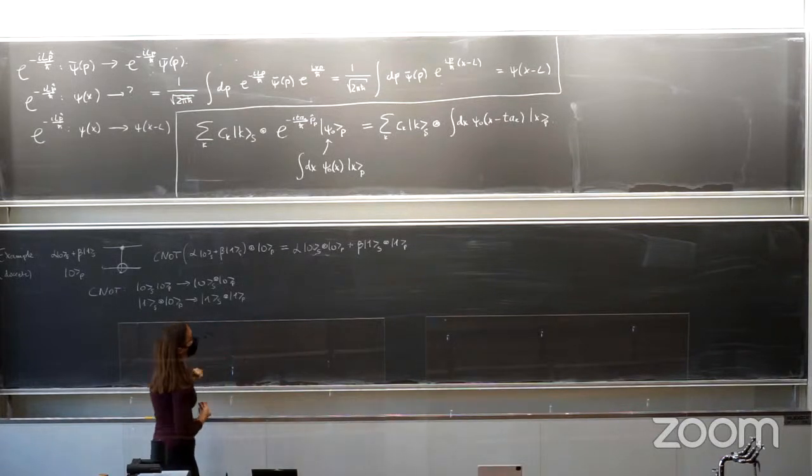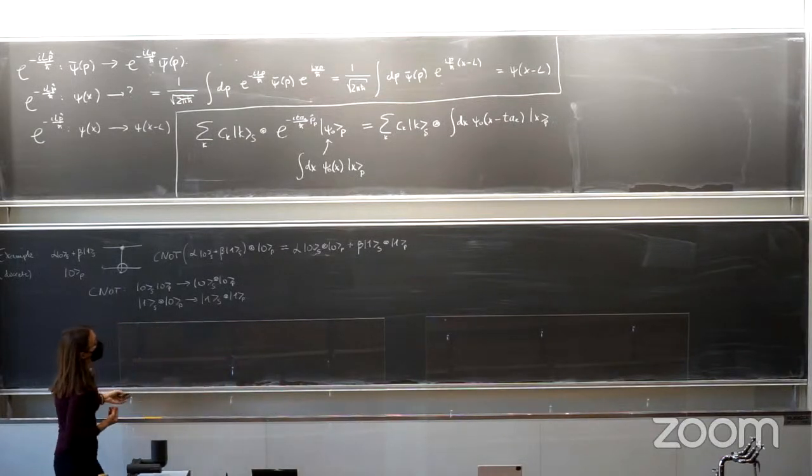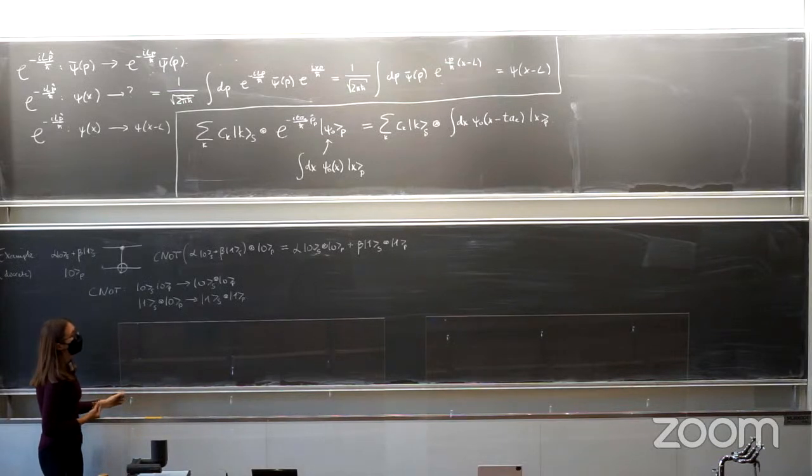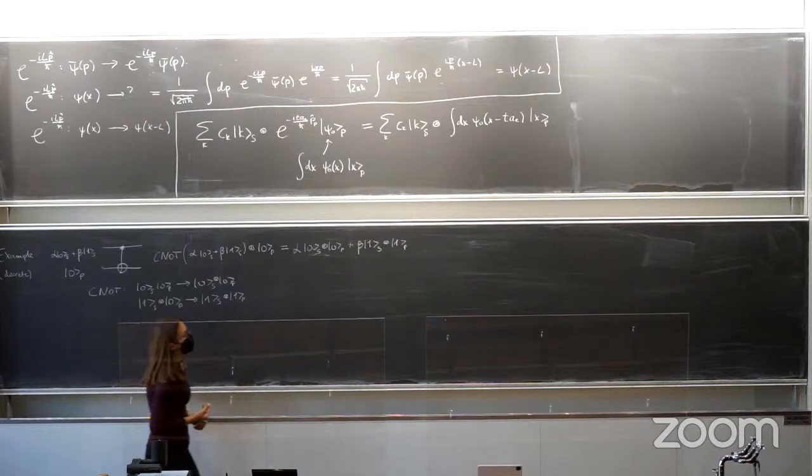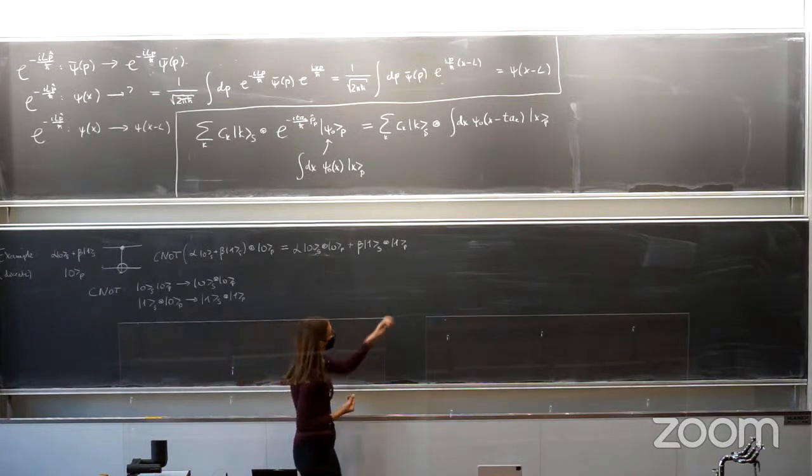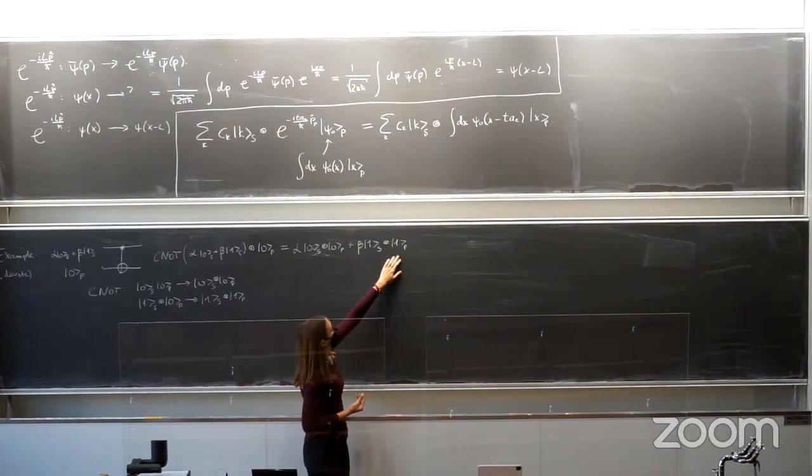And in this case, we see that the states of the system are coupled to the orthogonal states of the pointer, which means that, for example, if I measure the pointer and I get 1, then I know that the system S is in 1.